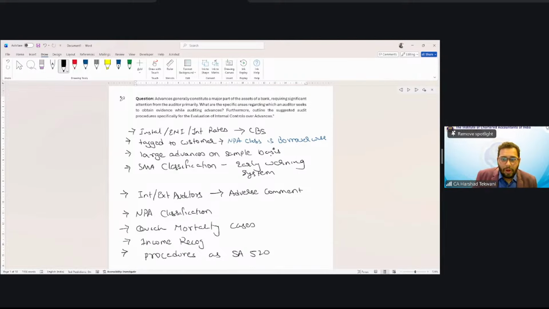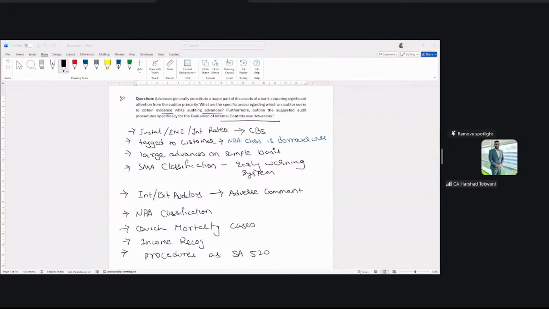Now, this was with respect to your auditing the advances. What about internal controls over advances? Can anyone tell me about internal controls over advances? What type of internal controls or what areas you will look into when we are talking about internal controls in case of advances? Anyone?